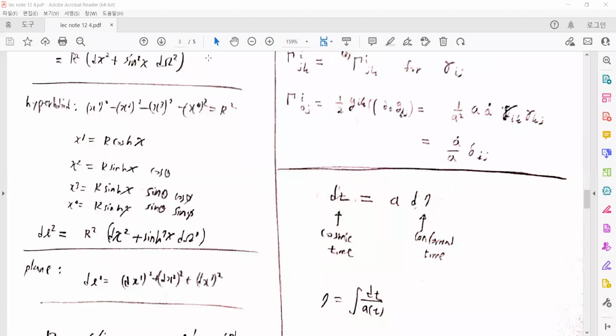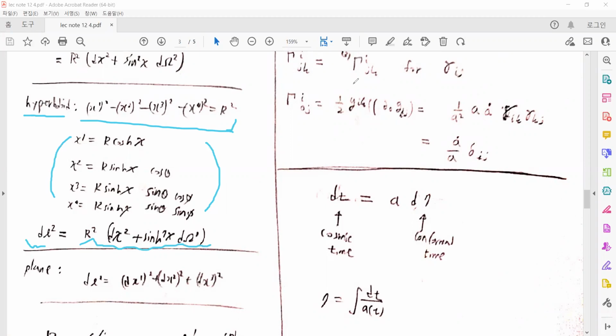Similarly, we can construct negative curvature hyperboloids in four dimensions, which also have a three-dimensional surface, with minus signs for the other components, and it can be parameterized with hyperbolic trigonometric functions. And the space interval is parameterized with the hyperbolic sine.